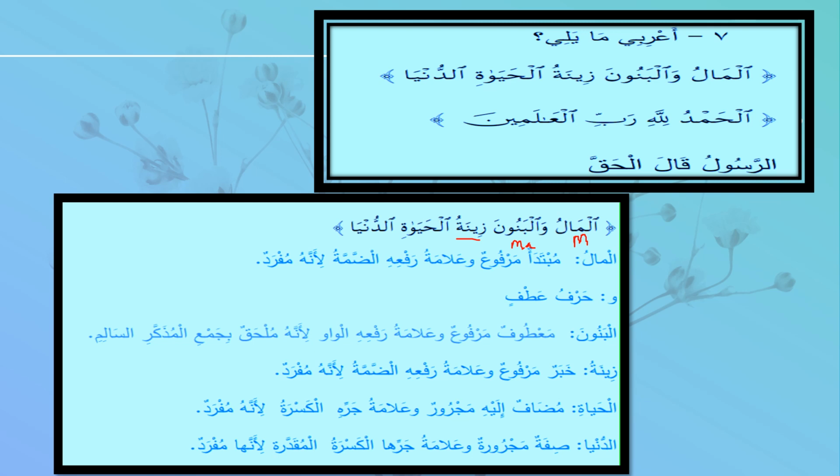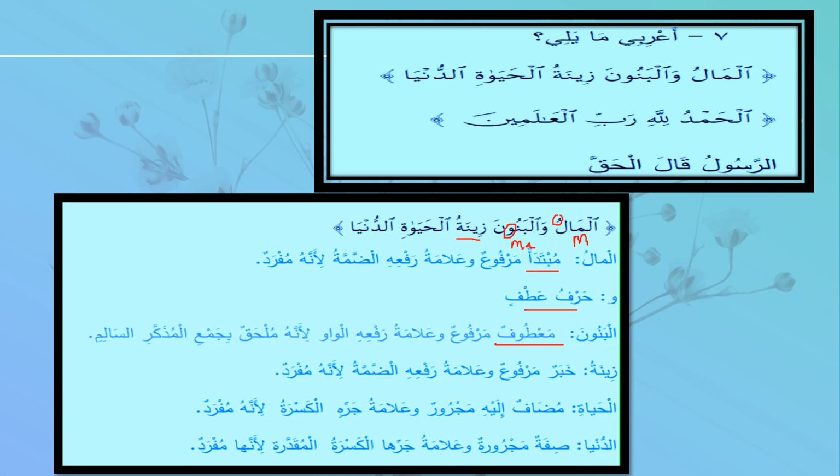So now let's do the Arab. Al-mal mubtada marfu with dhamma, clear dhamma. So let's do quickly. Waw is harf atf, so whatever comes after that will follow. So banun is matuf with the same haraka, following the same Arab, not the haraka, because this is Jama Mudhakkar, right? And this is a simple normal noun.